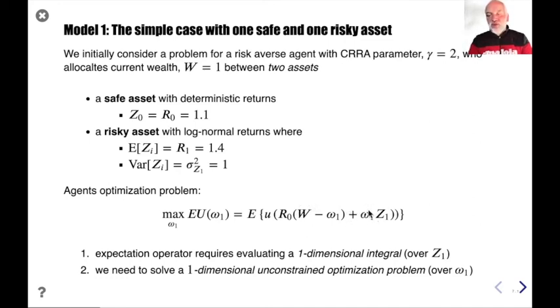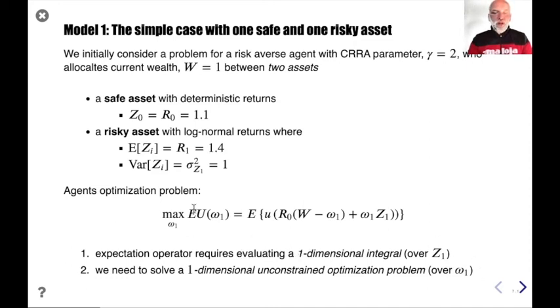Then your investment in asset 1 times the uncertain return in asset number 1, the risky asset. And then you take the expectation. So what do you need to do here? Well, we need to take this one stochastic variable. This Z here is log normally distributed. So we need to take the expectation of this function of a log normal distributed variable. That requires us to solve a one-dimensional integral over Z 1.